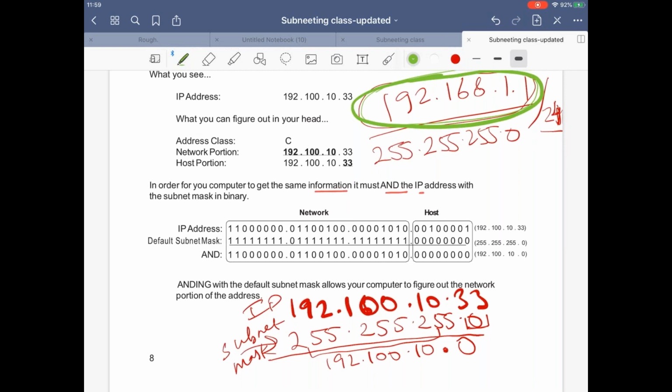In the network ID, the host portion will always be zero. This is your network ID of the network.